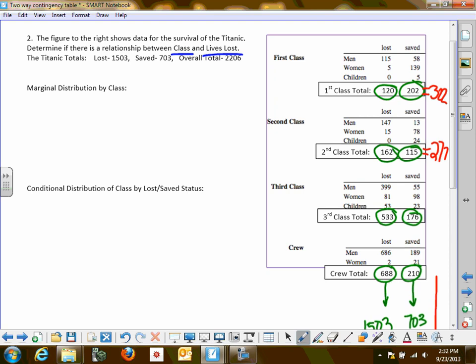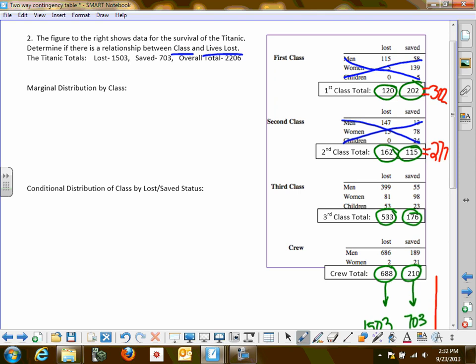So therefore, this is extra information. We're actually not interested in the breakdown of the males and females and children. Okay? What we're interested in is these totals.